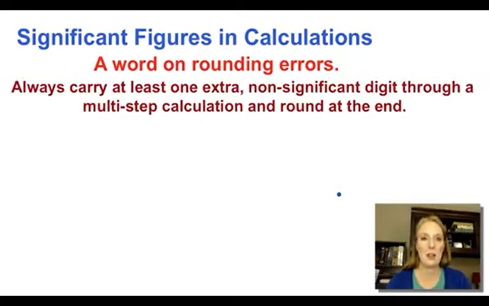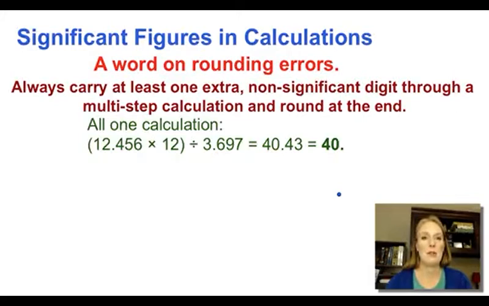So what I recommend, and I'll show you an example so you see what I mean, is that you always carry at least one extra non-significant digit through the multi-step calculation and then round at the end. And I actually like to carry a couple of extra digits the whole way through and use a line to underline the last significant digit to help me keep track.